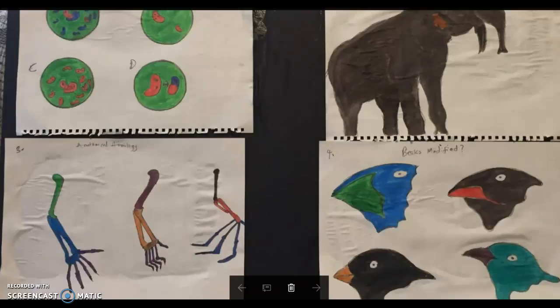Let us look at the meanings of the various sections of my project. The first one: how does antibiotic resistance occur? For a high number of bacteria, a few of them are resistant to antibiotics. That is the meaning of the first part of the first image.